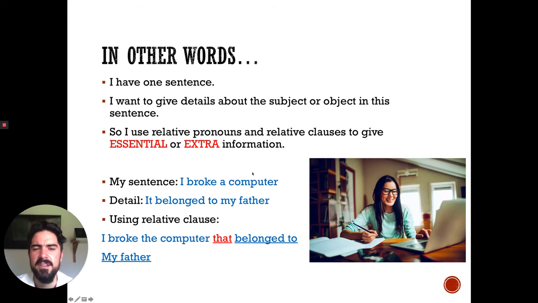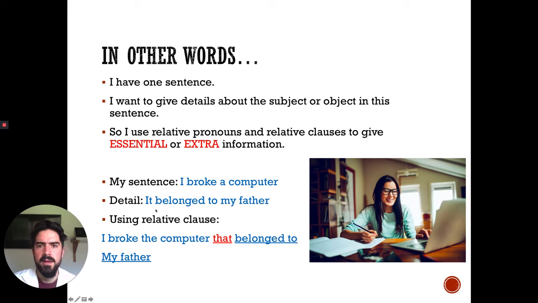So let's see one example of this. I have one sentence, and it is this one. My sentence is, I broke a computer. And I want to give a detail about it. So in this case, it is that it belonged to my father, the computer. Okay?